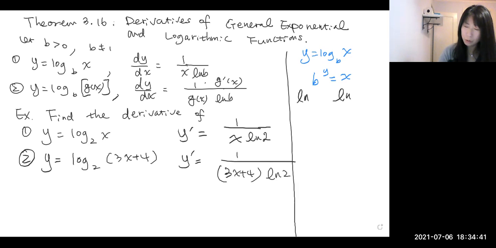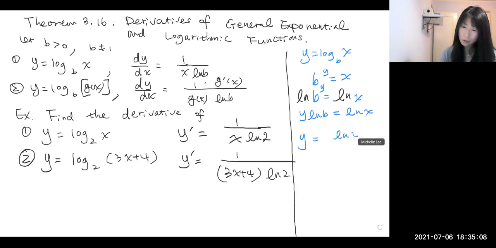So ln of b to the y power equals ln x. Okay. Now, since we take the ln, we can bring down the power. So we have y ln b equals ln x. Okay. Now solve for y. Then we get ln x over ln b. Okay. Now, we take the derivative.